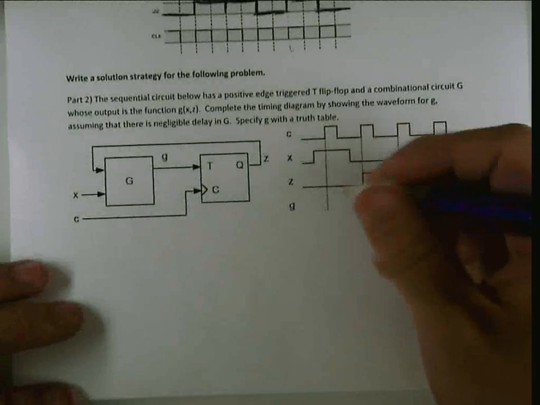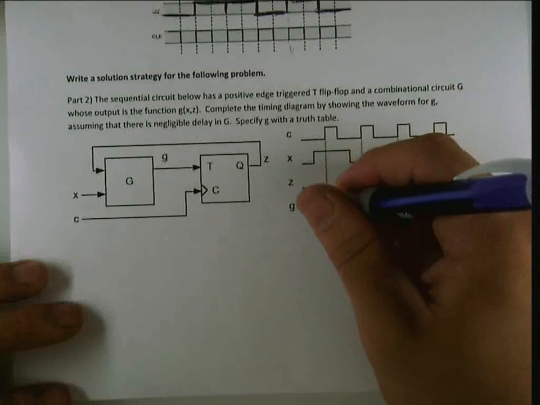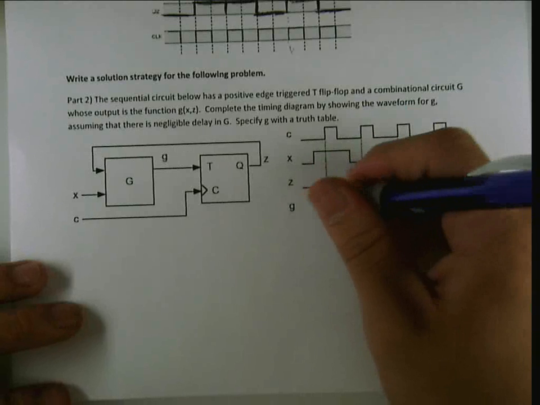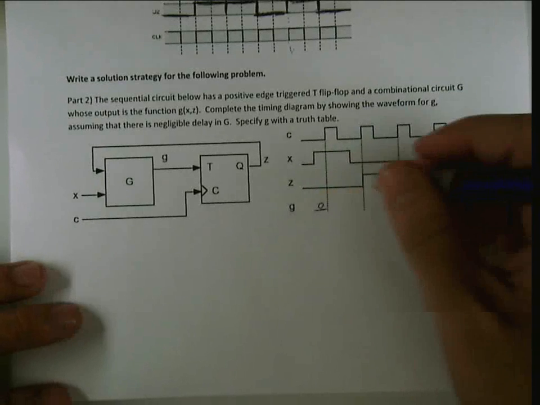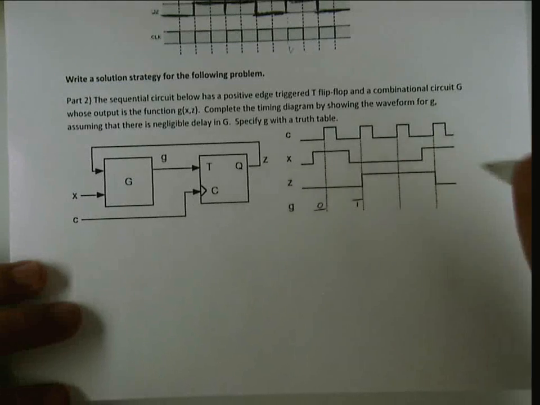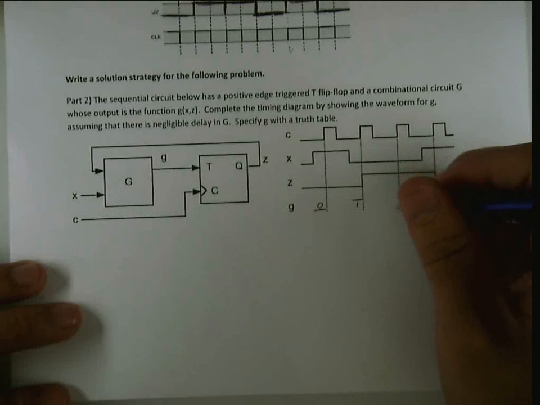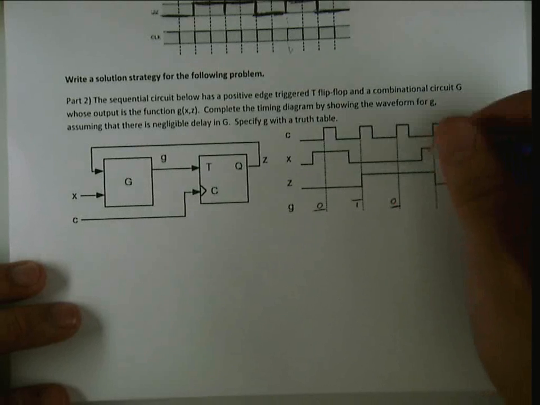So Z does not toggle, so that means G had to be 0 just before the clock edge. Here, Z toggles, so we know G had to be 1 right before the clock edge. I don't have a toggle here, so that means G was 0 slightly before the clock edge.